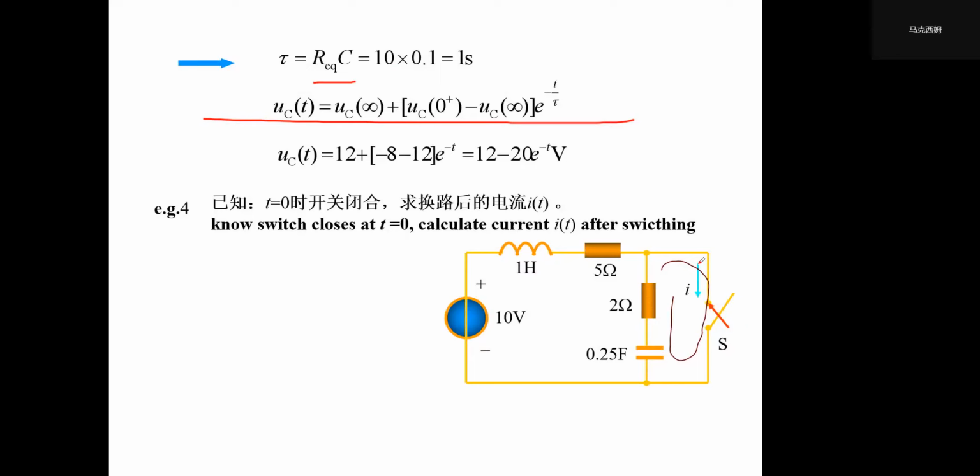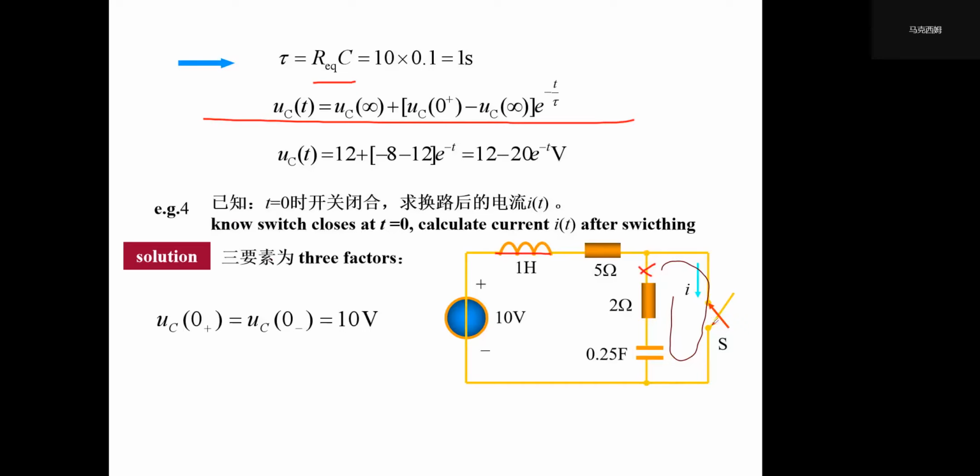After a long time, there's no current through this branch, and in the steady state this inductor behaves like a wire. So the final value of IT is 10 over 5, which is 2.